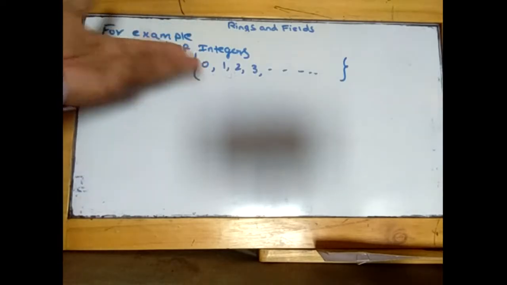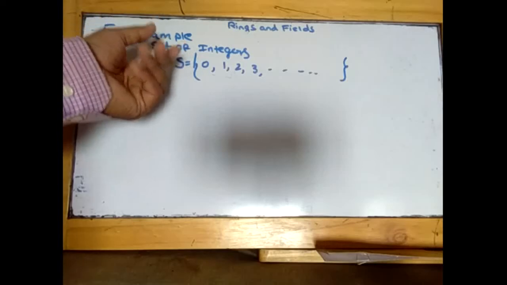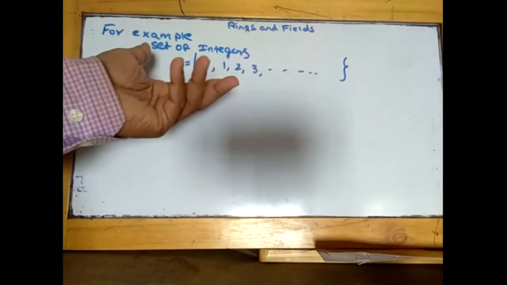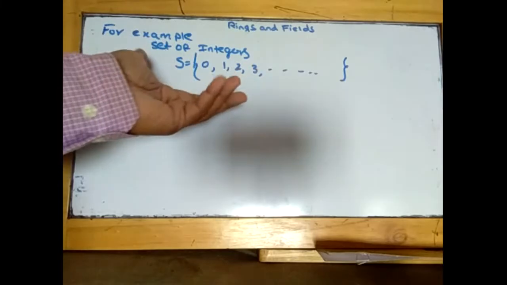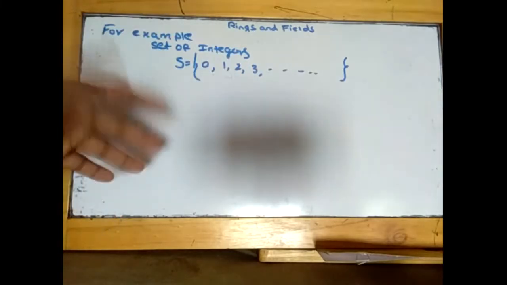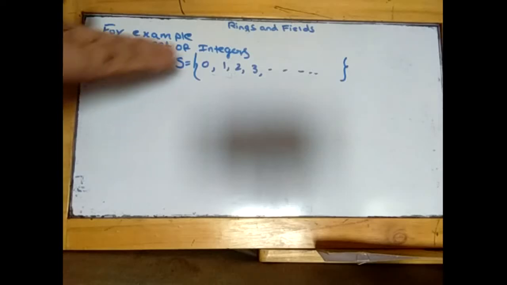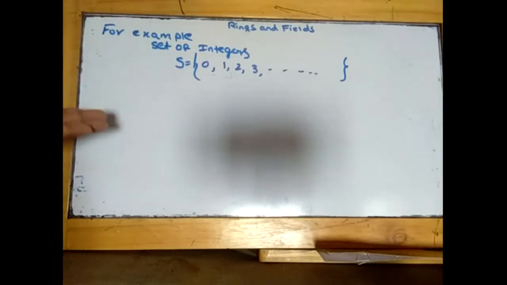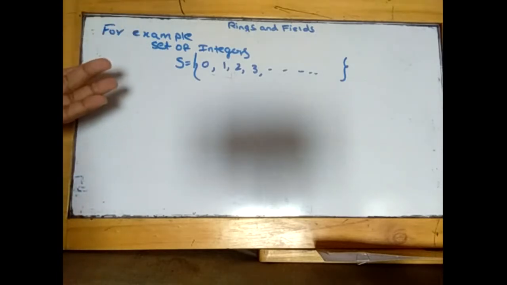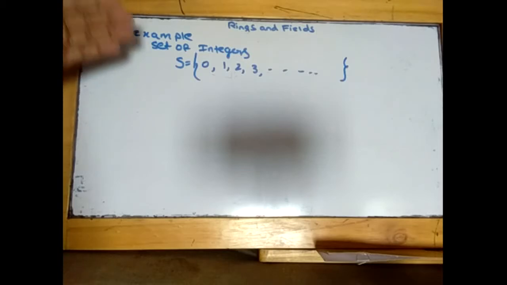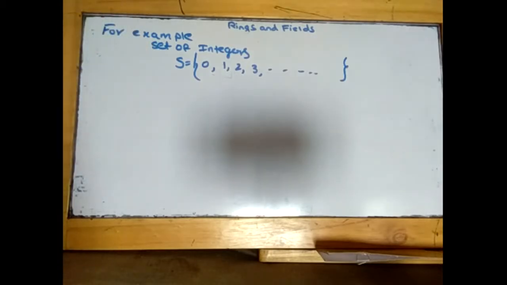Under the law of addition, if you take any two numbers, say 2 and 3, then 2 plus 3 or 3 plus 2 gives the same answer, that is 5. Similarly, it satisfies the second law, a plus (b plus c) is equal to (a plus b) plus c. It also satisfies the law of multiplication and the distributive law. Therefore, it is a ring.